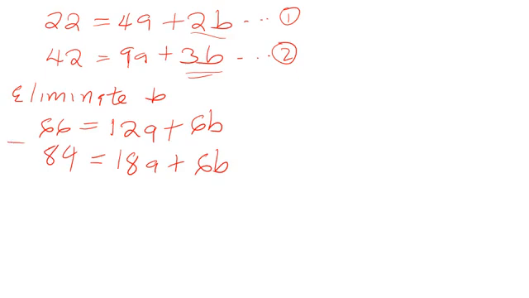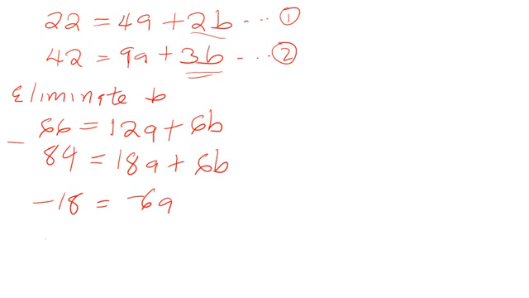Okay, so we are going to subtract, 66 minus 84. What do we have? That's minus 18, which is equal to 12a minus 18a, that will give us minus 6a. 6b minus 6b, that's 0.